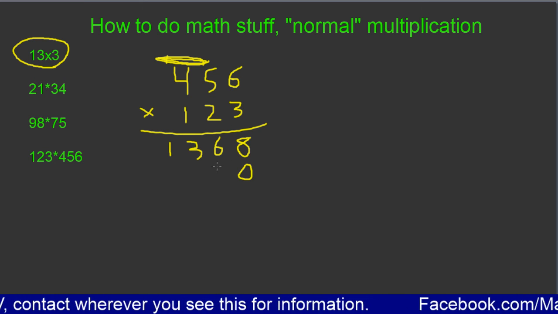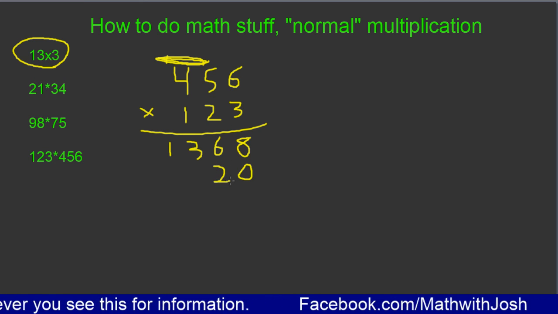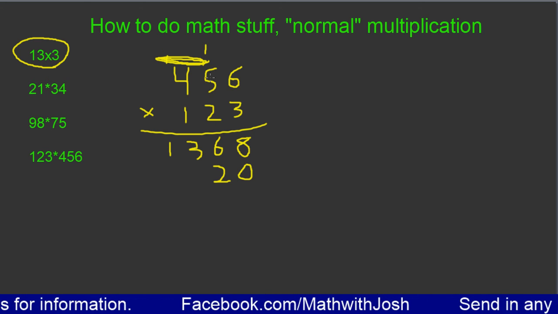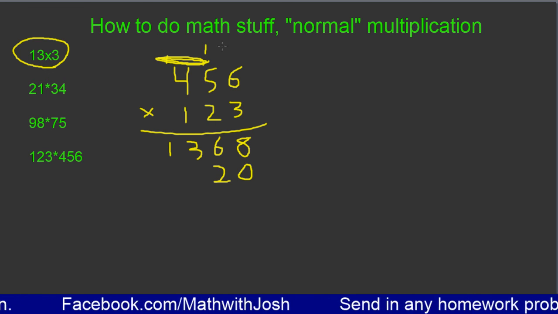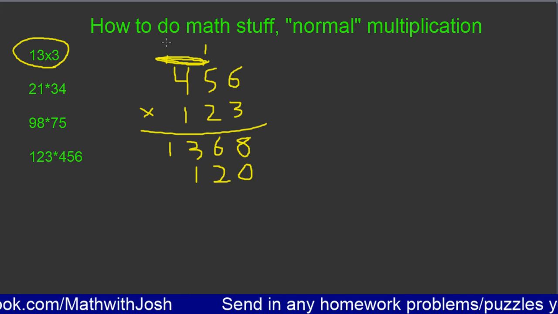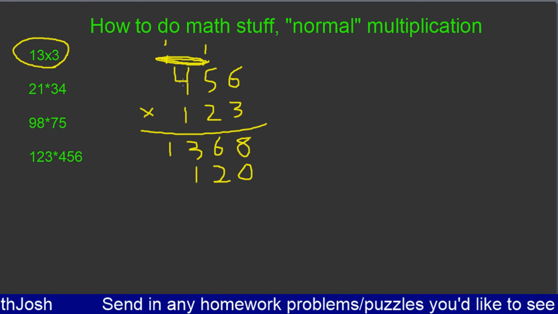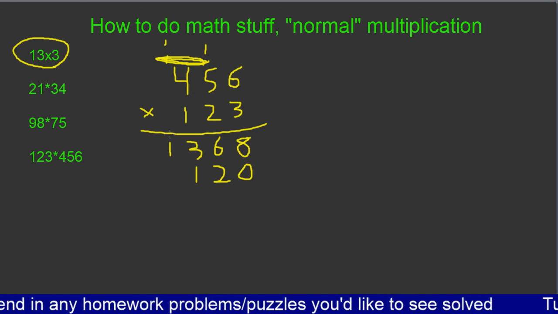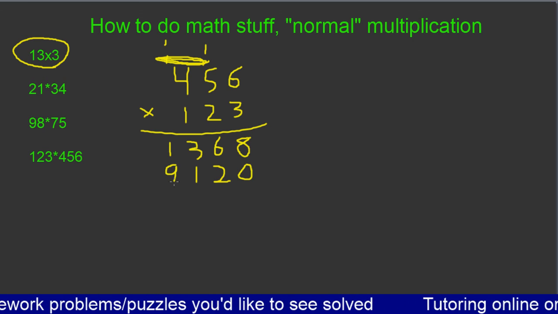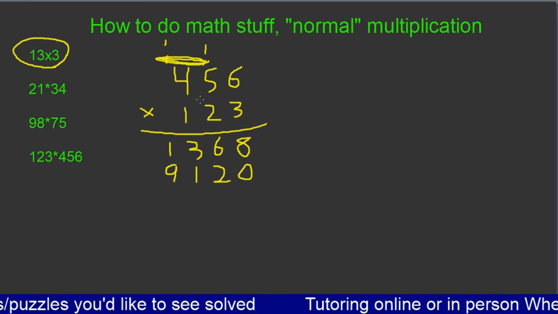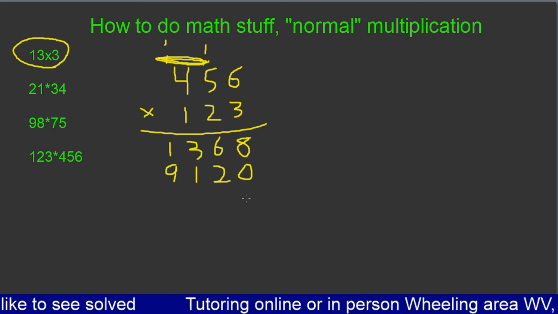So 2 times 6, 2 times 6 is 12, 2 times 5 is 10, plus the 1 we carried is 11, 2 times 4 is 8, 8 plus 1 is 9. Now we're moving on to our third digit, the 1.